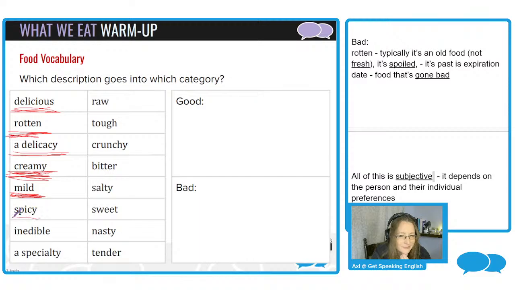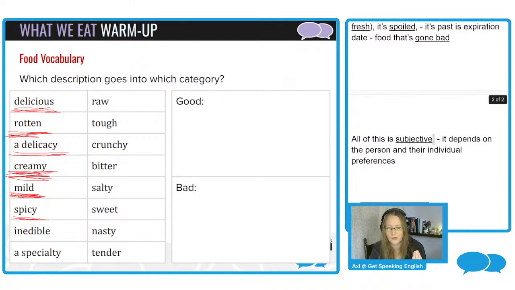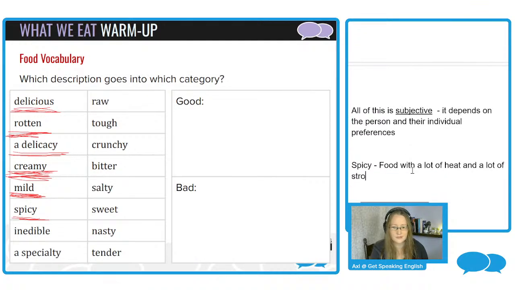Say with spicy, right? So food with maybe a lot of heat and a lot of strong flavor. Maybe filled with spices, right? Or, you know, chilies as well.